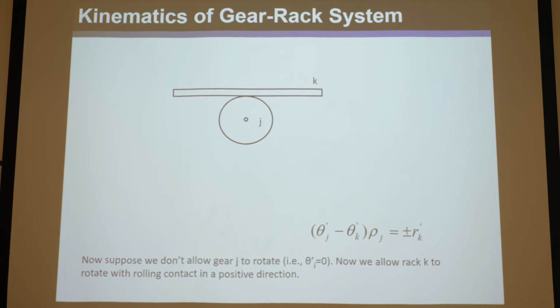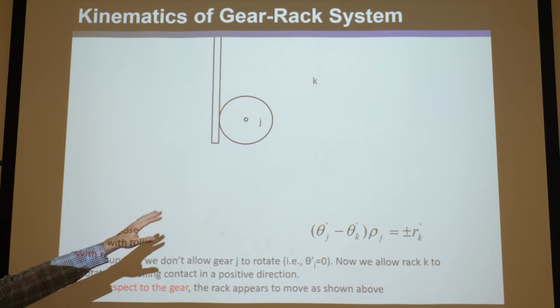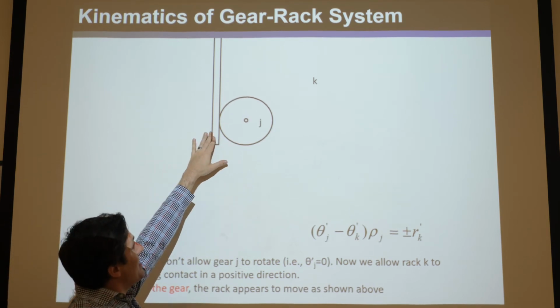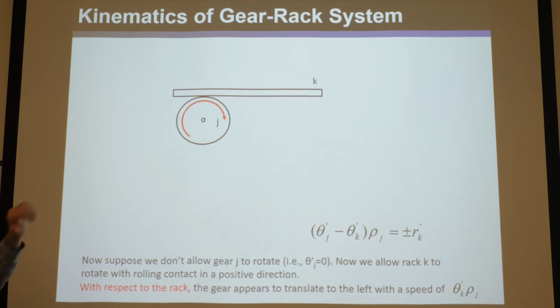Now watch this. With respect to the gear, the rack appears to move as shown above. Okay, so watch this. There it goes. When we're rotating K, it'll be going up like that. Now, the end result is this circle is near the end of K here. So another way to look at it is imagine K is fixed and this is actually rotating like that. That's the same relative motion.